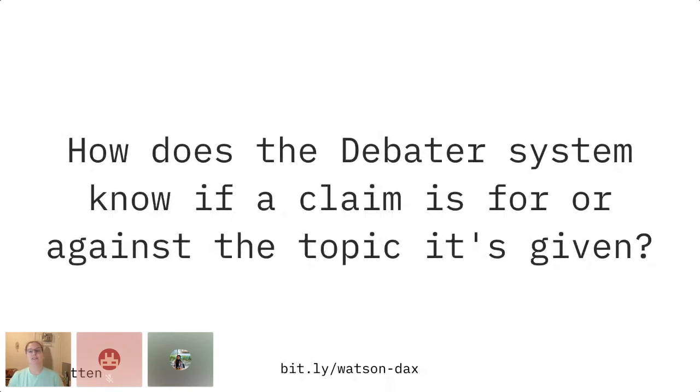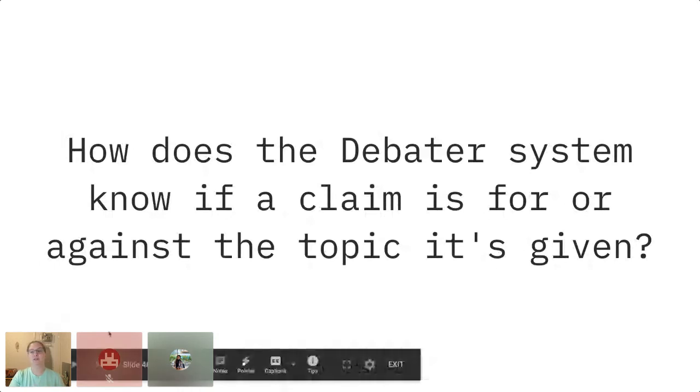So the debater system approaches this by breaking it down into smaller tasks. The system is going to understand that the photo radar program is associated with traffic enforcement cameras, and then it further is going to understand that the rest of the sentence, even though it includes positive words like safety and benefit, is in fact contesting the use of traffic enforcement cameras. So it's really sophisticated for a machine to be able to do that.